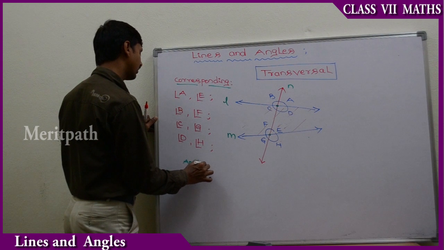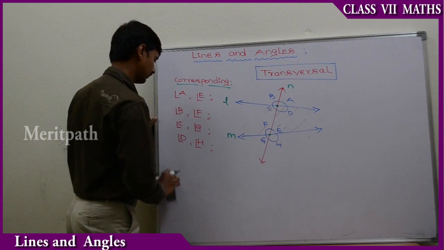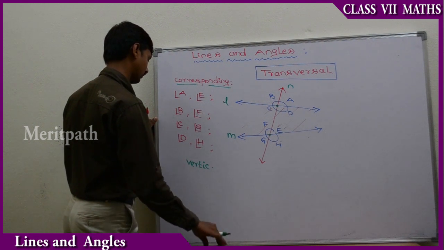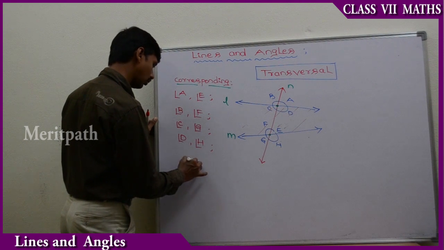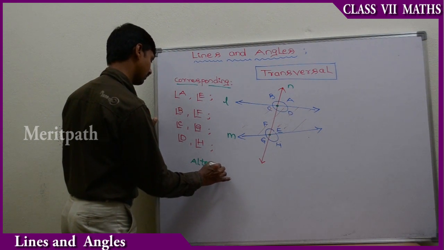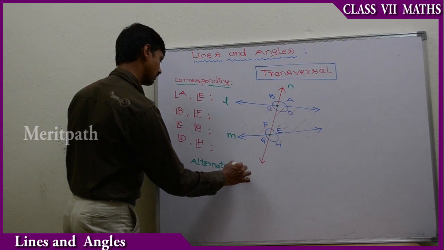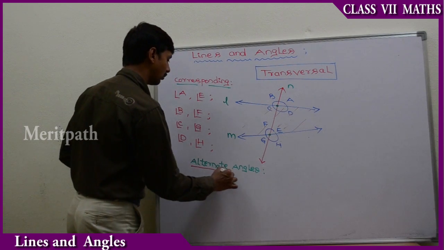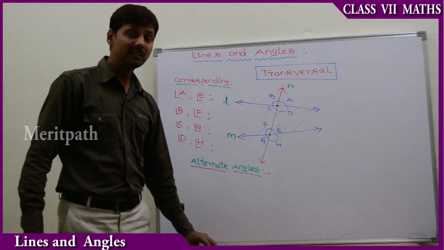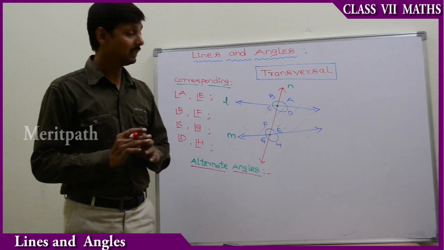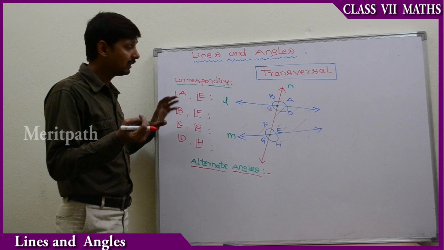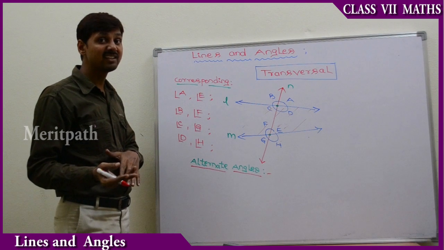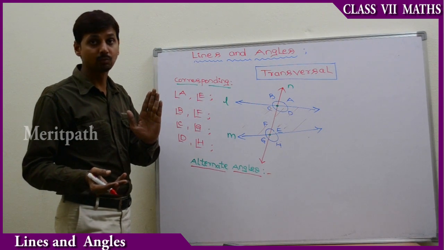Now we need to take exactly the opposite of that property. In corresponding angles, one is interior and the other is exterior at the same side of the transversal line.